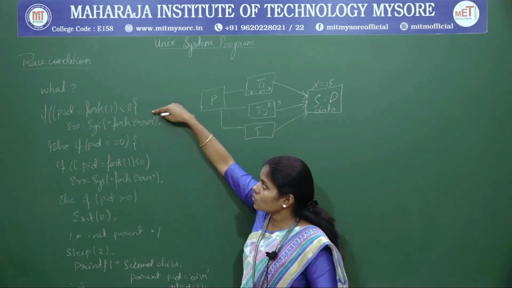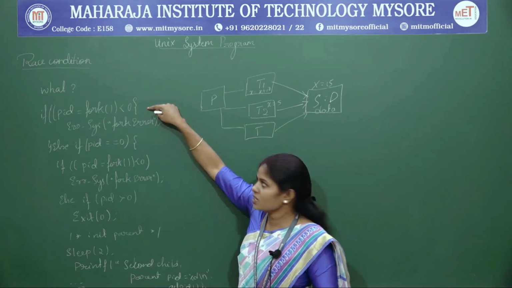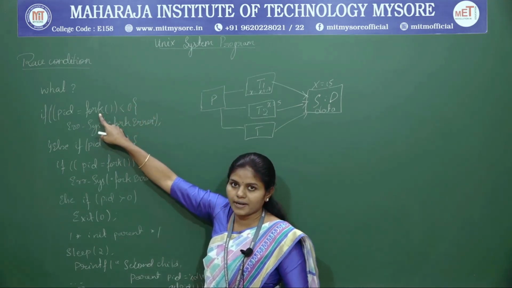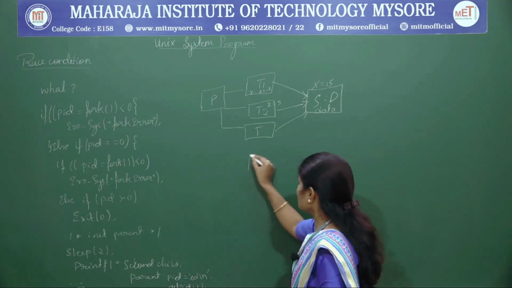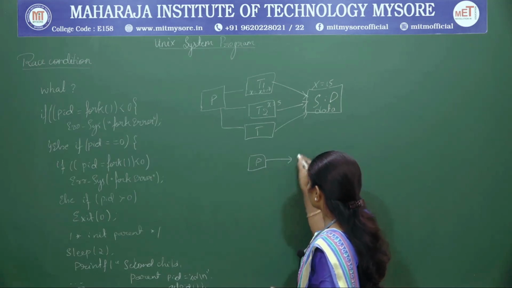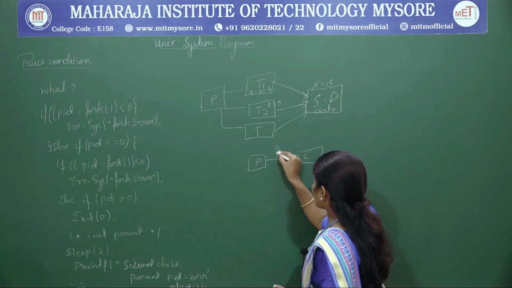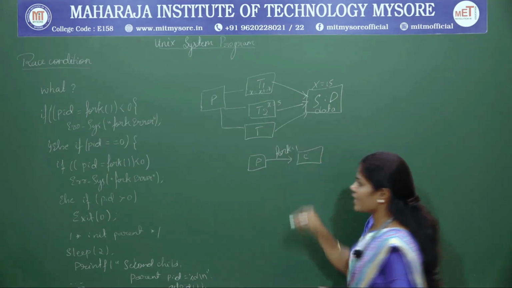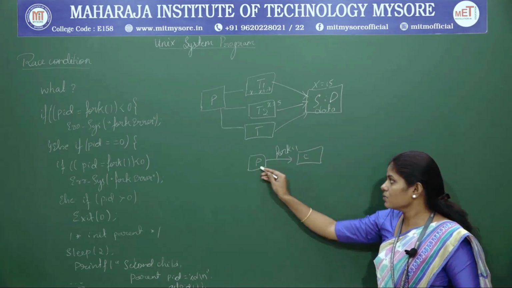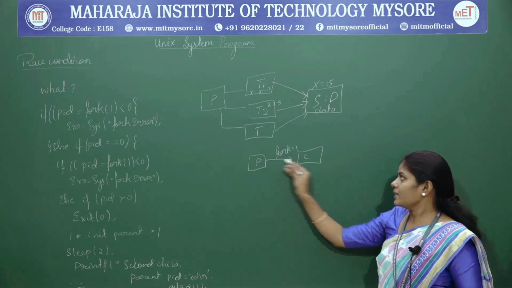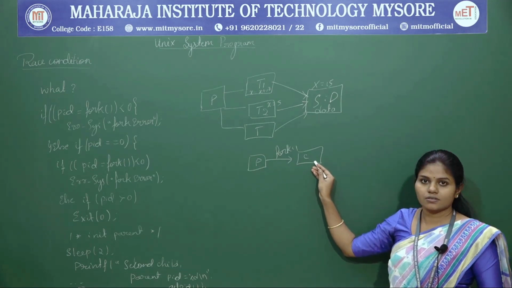I am creating one more process by using the fork command. Suppose the parent P calls the fork command to create the child C, right?